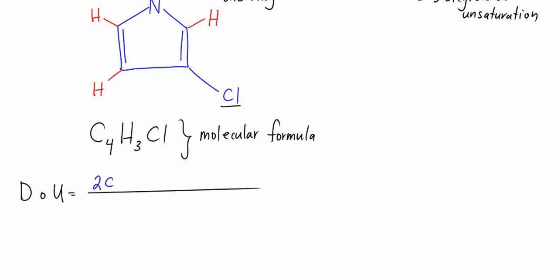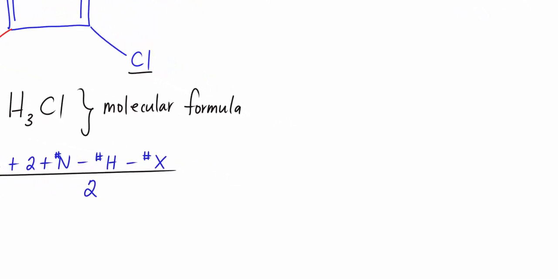We have 2 times the number of carbons plus 2 plus the number of nitrogens minus the number of hydrogens minus the number of halogens. All of that is going to be divided by 2.